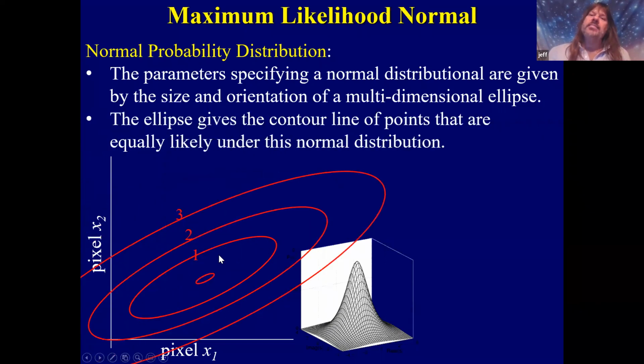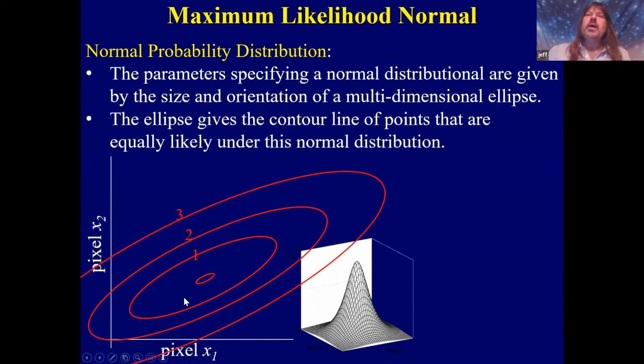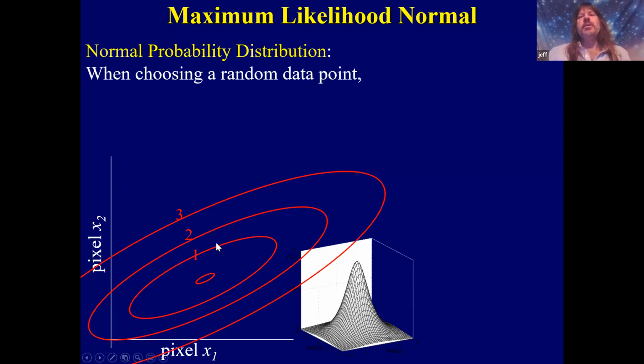And what is the meaning of these ellipses? Well, you've kind of seen already, these are the contour lines, right? So all the points along one contour line are going to be points that have the same probability. And the points on the inner contour lines are going to have a higher probability, right?